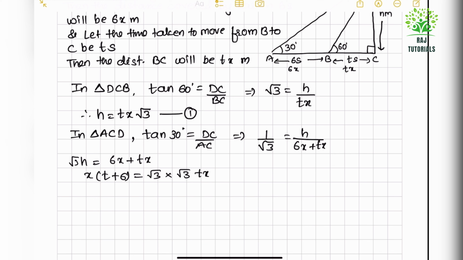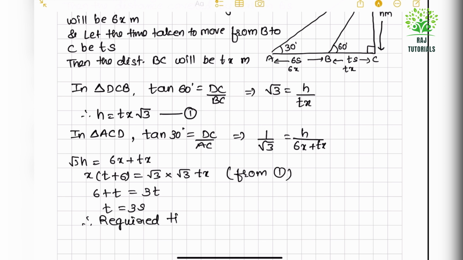So x into t plus 6 equal to root 3 into root 3 tx. So I can say 6 plus t equal to, see this I got from 1. I have put the h value there directly. So 6 plus t will be equal to 3t.